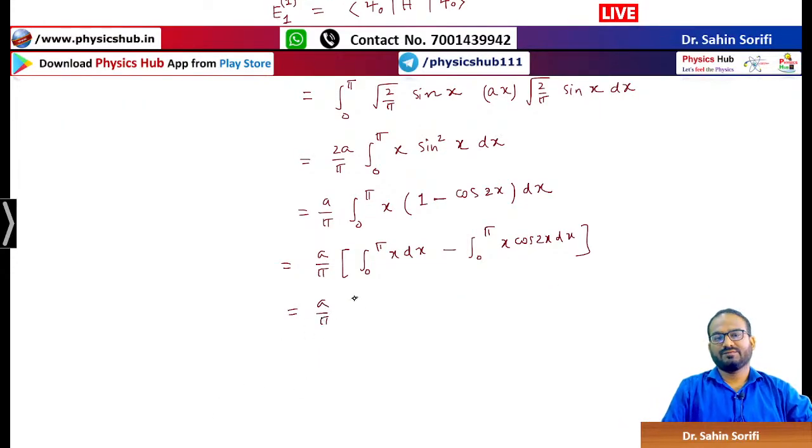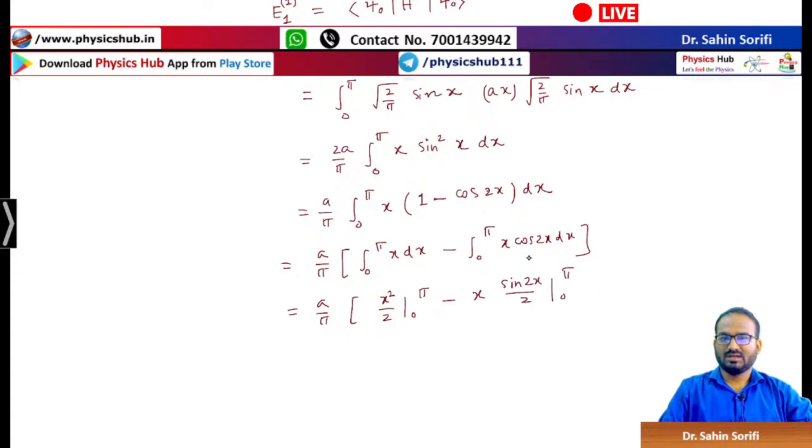The integration of the first term is x square by 2. Now this is integration by parts, we can use. So x into the integration of cos 2x, sin 2x by 2, limits from 0 to pi, minus, and this minus plus, and one minus will come from this integration. So that will give you minus integral 0 to pi sin 2x by 2 dx.